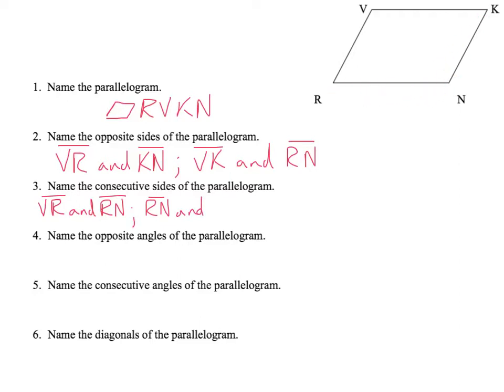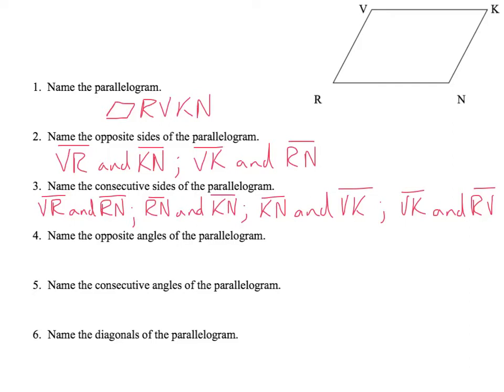So I'm going to write RN and KN. And then I'll have 2 more pairs, KN and VK, and then the last one, VK and RV. And remember, when you name segments, you can name them either as RV or VR. They both mean the same.